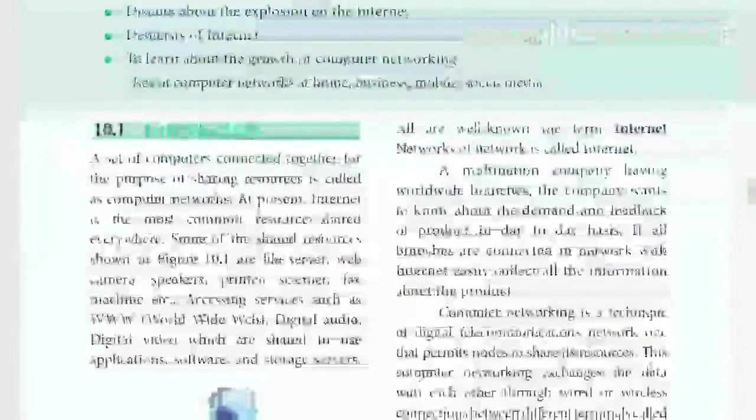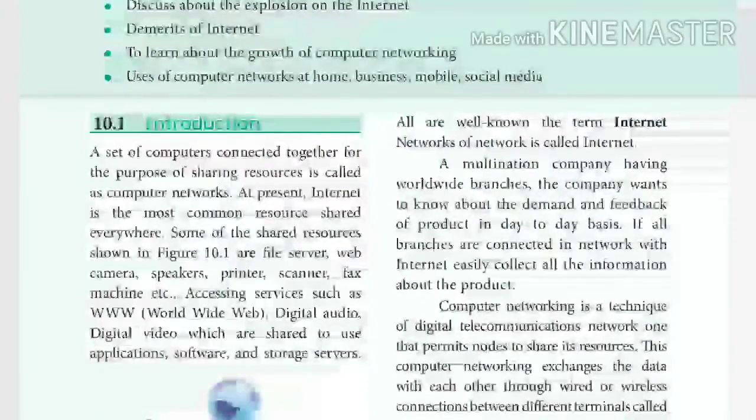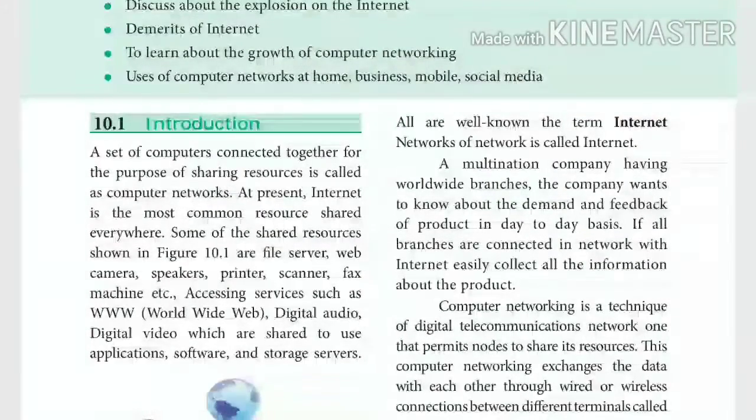Okay, the first thing is introduction. So a set of computers connected together for the purpose of sharing resources is called a computer network. Okay, so to share some resources like files, software, data, hardware, to share this information, you need some connection from one system to another system.